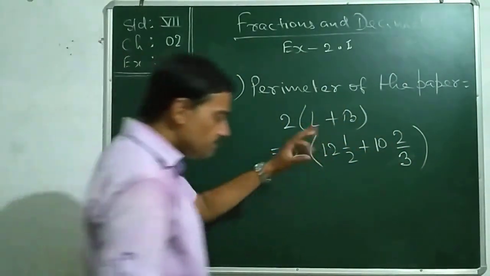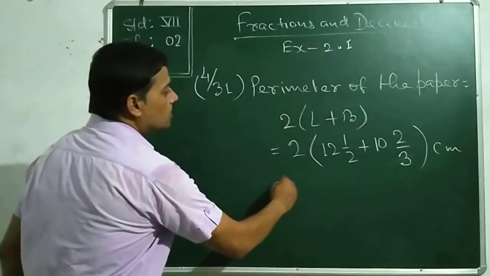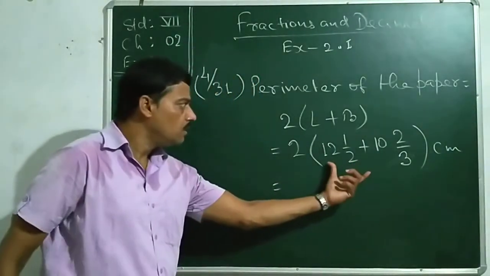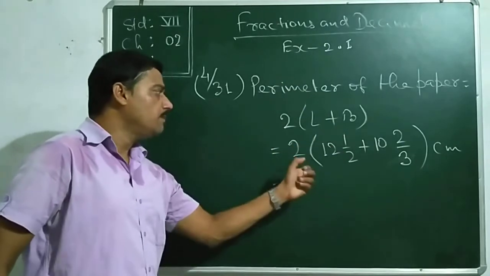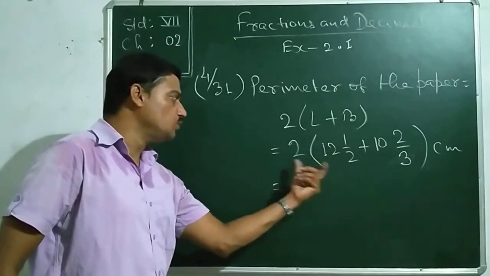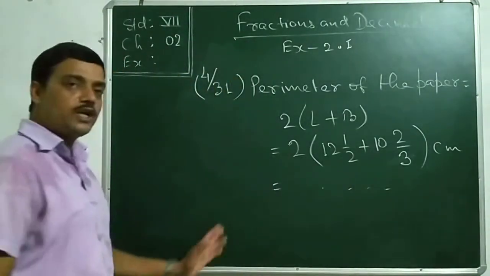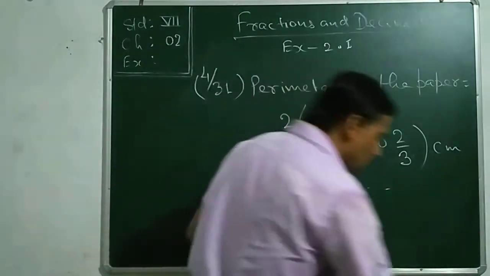Length this much centimeter. Calculate the length. Whatever sum you get, as you had learnt in the previous sum also, multiply that sum by 2 and write up your answer. You will calculate yourself. This would be very simple for you now. Now come to the fifth sum.